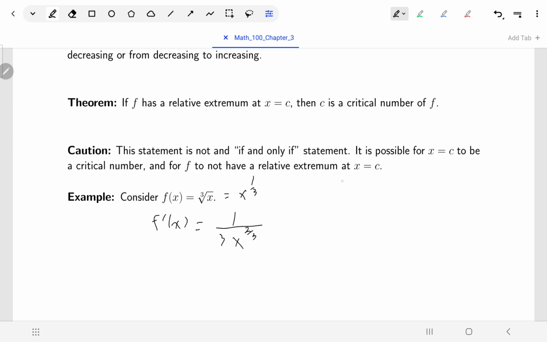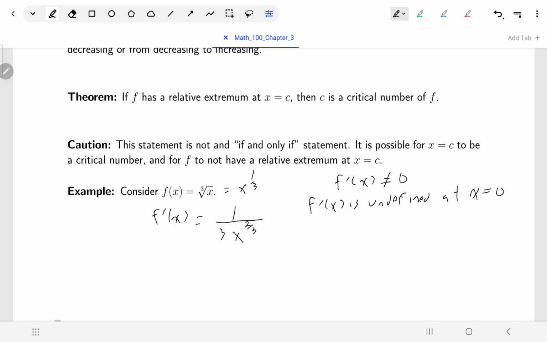And for sure, you can find that f prime is never equal to 0, because this fraction couldn't be equal to 0, because fractions are only ever equal to 0 when the numerator is 0. And here the numerator is always 1. However, we can say that f prime is undefined at x equals 0. So that means 0 is a critical number.